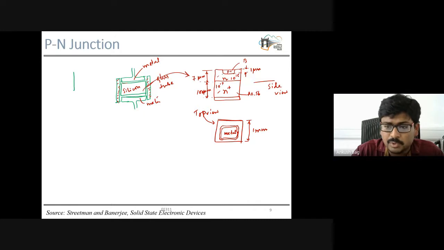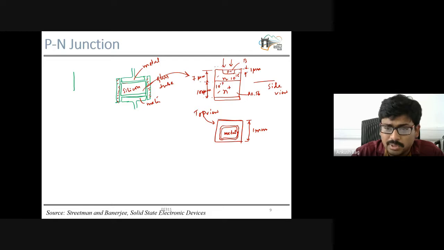After depositing this n-type silicon, we implant boron atoms. Implanting means high energy boron atoms are bombarded here. Then it converts into p-type, and here we have some masked portion. Typically silicon dioxide is used for the masking. Then only this portion is exposed to the high energy boron atoms, and it gets converted to your P plus region.